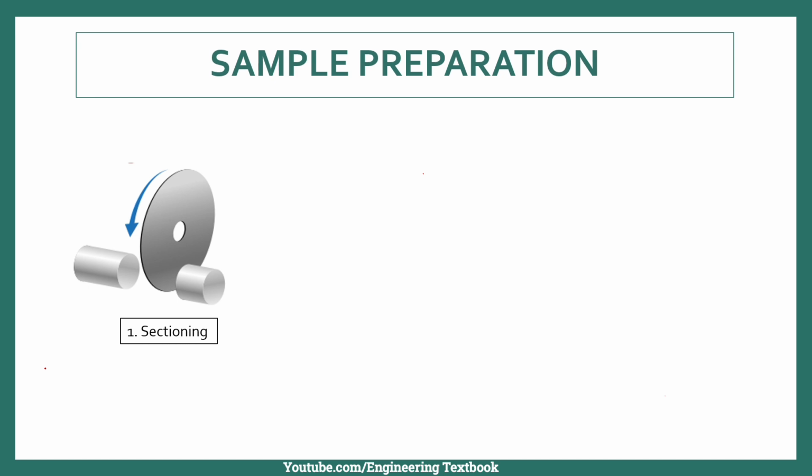Sectioning generally means cutting a small volume of specimen of a required size from a large volume without any damage to the microstructure. After cutting the small volume of the sample, it should first be cleaned in order to get an accurate measure.